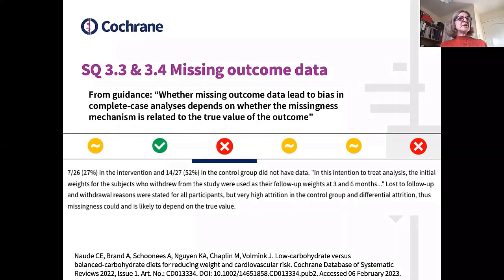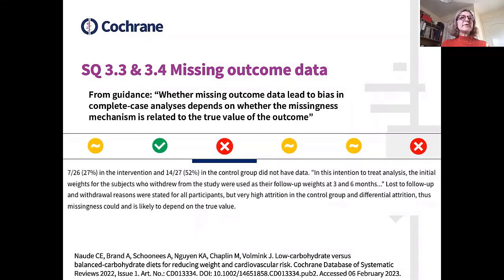This takes place when you do a complete case analysis, so you're only looking at the data from the participants that actually were still in the study at a particular time point. You can look for various clues as to whether the true value of the outcome and the missingness mechanism, the reason that people are missing, could be related. And one of the signals that you look for is if there's an imbalance in attrition between the two groups.